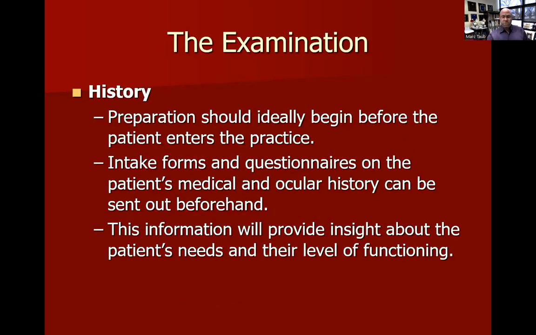So in your examination, as I said, the social story should be done really before. With the history, I like to use intake forms and questionnaires, sending that ahead of time so that you're maximizing the amount of time that you have with them in the office.